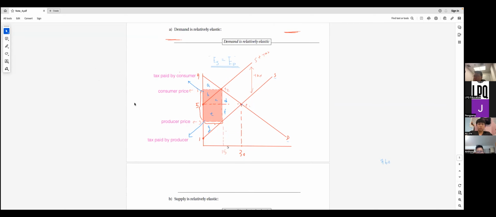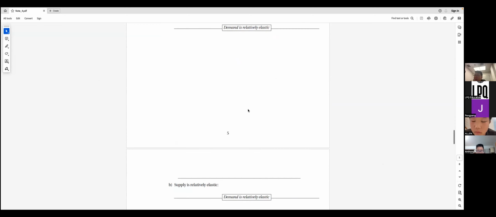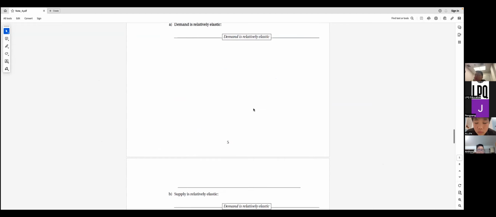Same graph. What if you make your demand curve more elastic? Same kind of graph, same method. We just draw a new graph, but this time you make your demand curve more elastic. And then let's compare who pays more tax, who pays less tax.